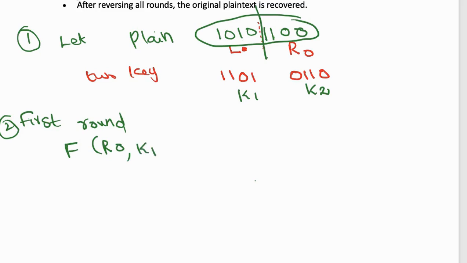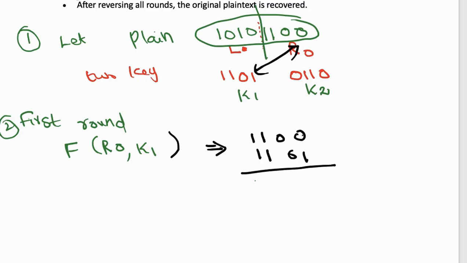What is R0? It is 1100. And what is K1? K1 is 1101. So we apply the XOR of R0 and K1: 0 XOR 1 is 1, 0 XOR 0 is 0, 1 XOR 1 is 0, and 1 XOR 1 is 0.